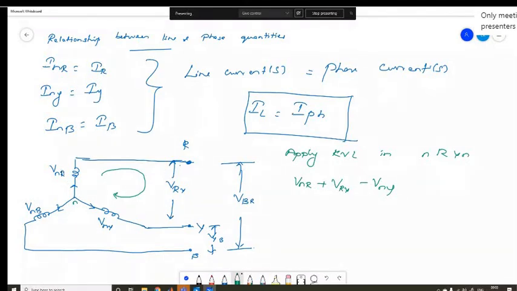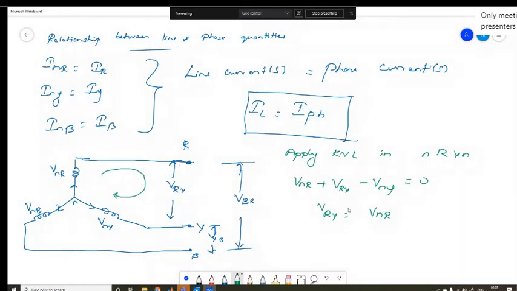Here N to R is VNR, and R to Y is VRY, so it is positive. But here we are going from Y to N, so I am taking this as negative. This is equal to 0. So VRY is equal to minus VNR, which goes to the right hand side as negative, and VNY goes to the right hand side as positive.